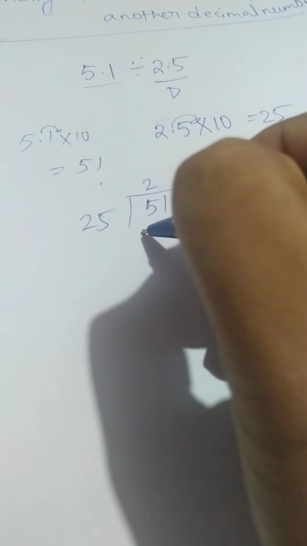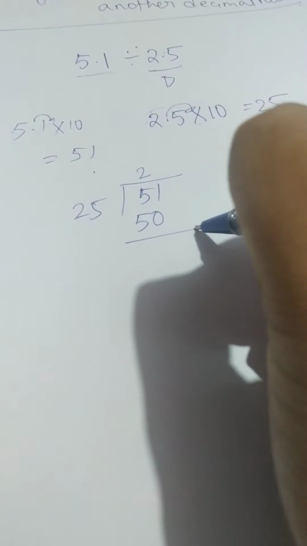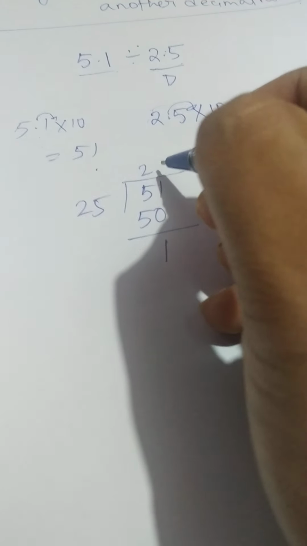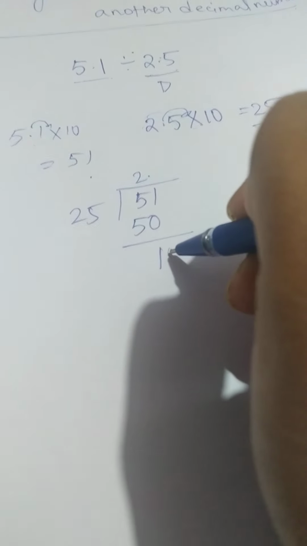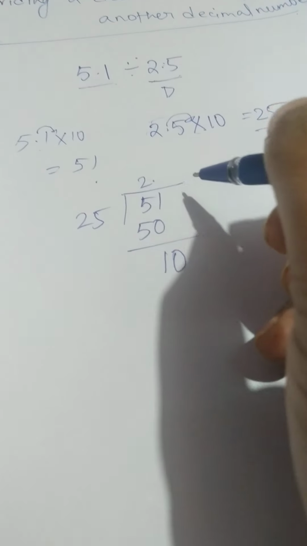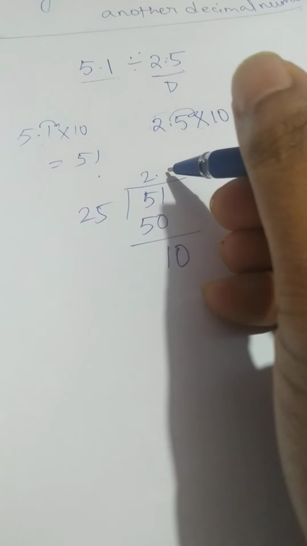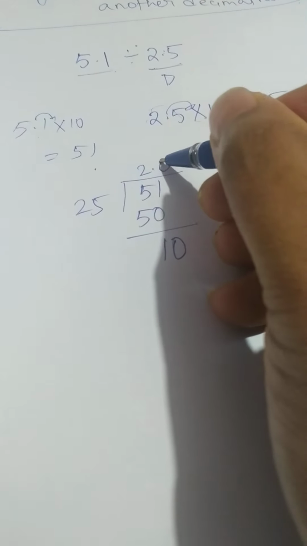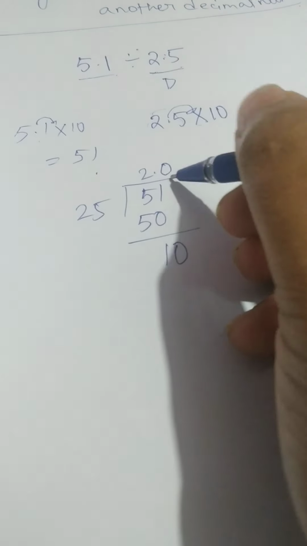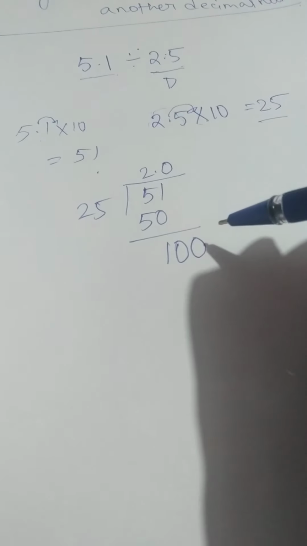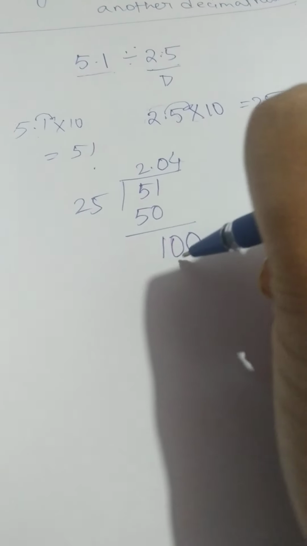25 2s are 50. 1 minus 0 is 1. We put a point over here, a 0 comes. Again 10 is not divisible by 25, so we put a point over here, so 0 over here, and we get 100. So 25 into 4 is 100.